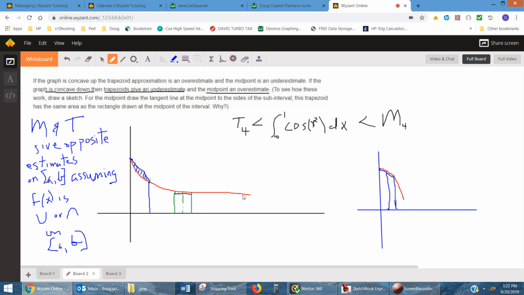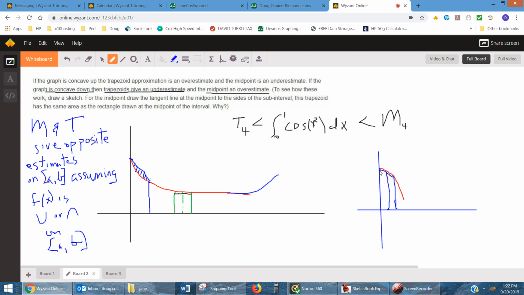It's concave upward. It doesn't really ever turn around here, but it's concave upward, and the trapezoidal rule kind of shows that this leg of the trapezoid gives you this little area above the curve because the curve is concave upward.